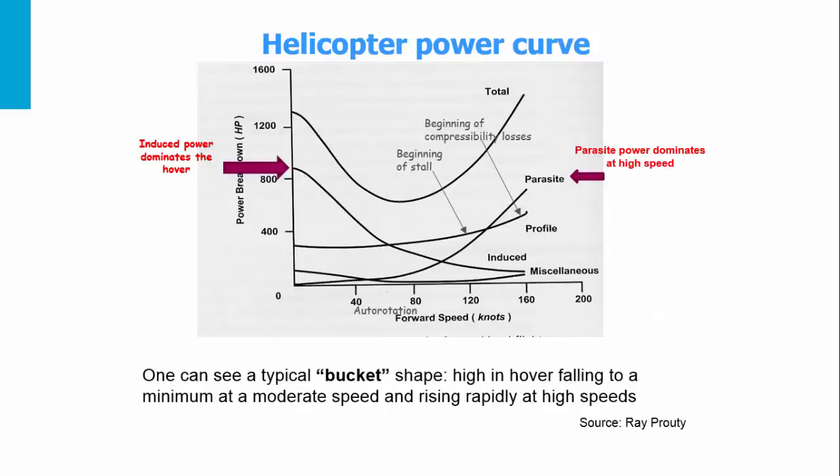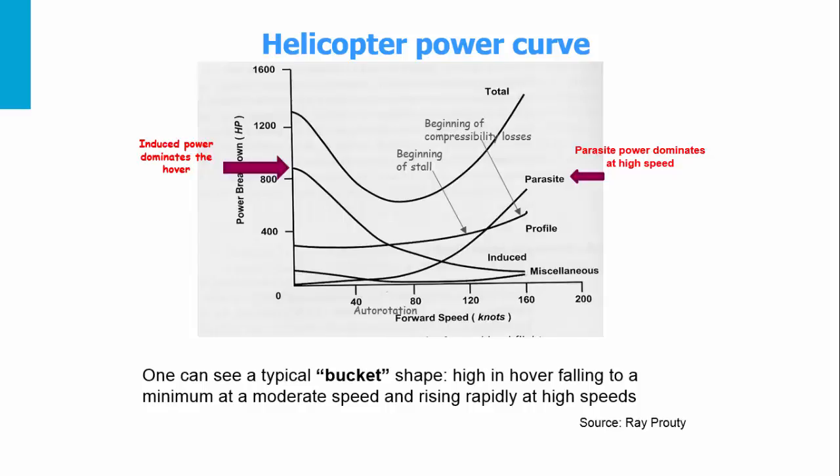Therefore, we can represent the power required as a function of forward speed. One can see that the induced power dominates in hover and is decreasing as we are flying faster. The parasite power is very small in hover but is increasing as we are flying faster.